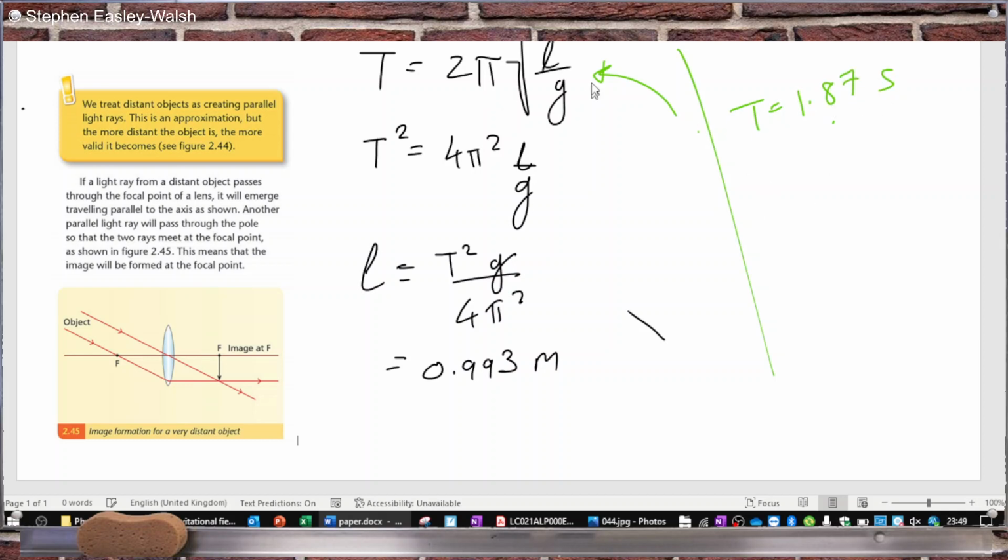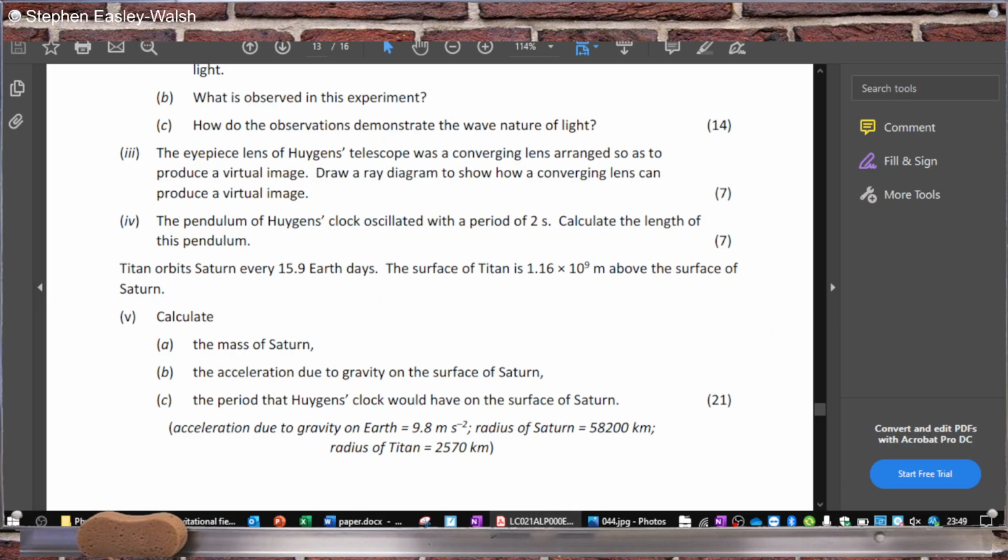So that's just using the same formula, same length. Pi is obviously the same, just changing the g. Okay. Right, I think I've answered everything. So I've gotten the period that the clock would have on the surface of Saturn, the acceleration due to gravity on the surface of Saturn, the mass of Saturn.